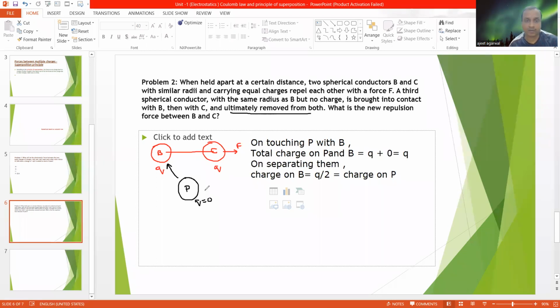And this will be now, ये charge तो नहीं रहेगा, अब ये Q by 2. अब इस Q by 2 charge के spherical conductor को हम C से touch कर देंगे, तो फिर से total charge निकालना पड़ेगा.